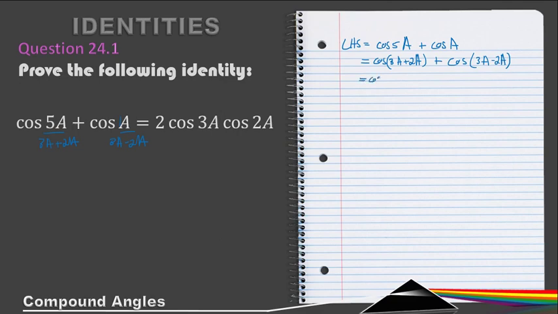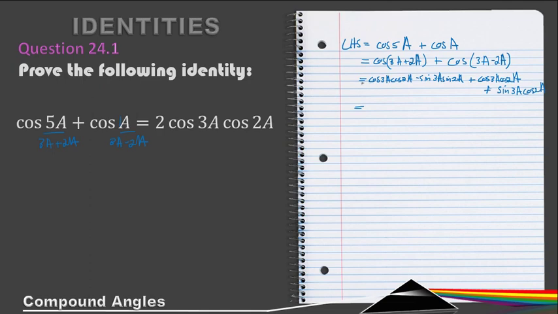So we have cos 3a cos 2a, change the sign, minus sine 3a sine 2a plus cos 3a cos 2a, change the sign, plus sine 3a sine 2a. Okay, let's look out for our like terms.